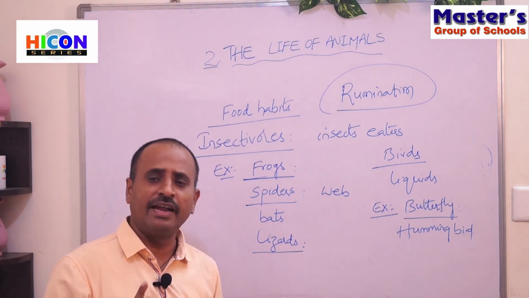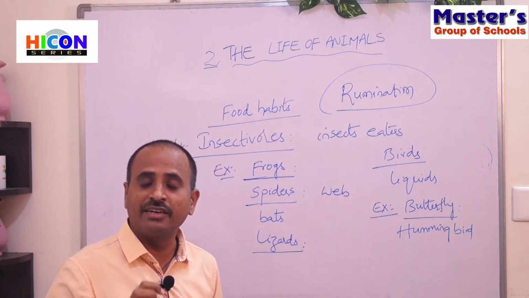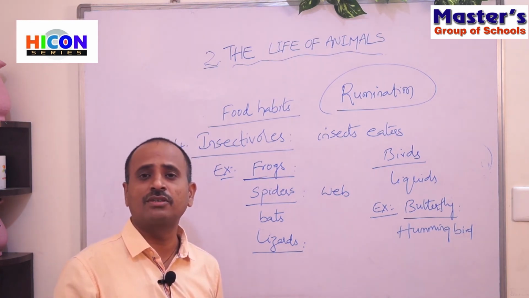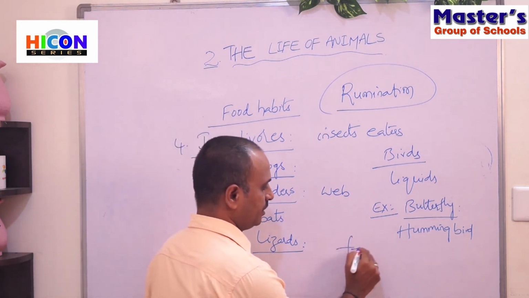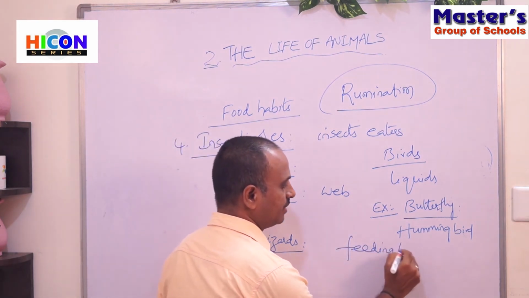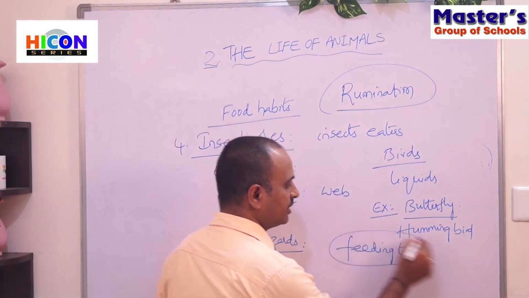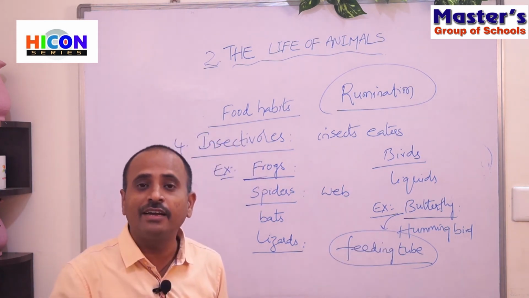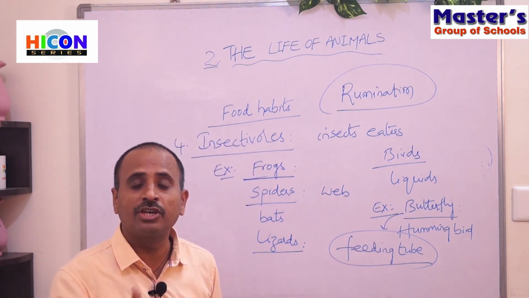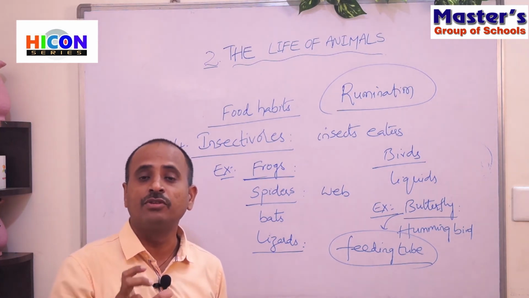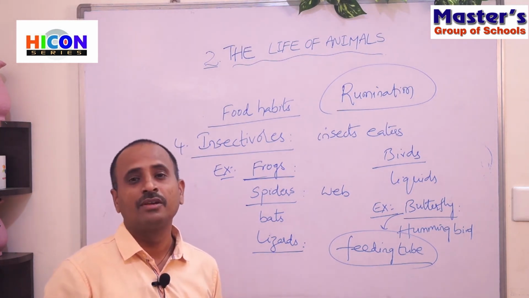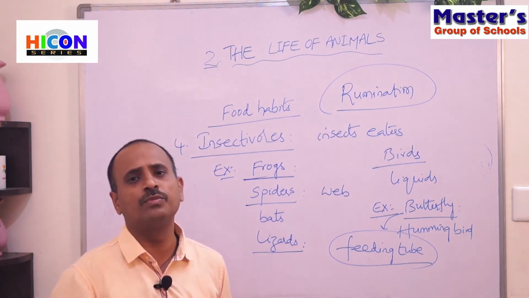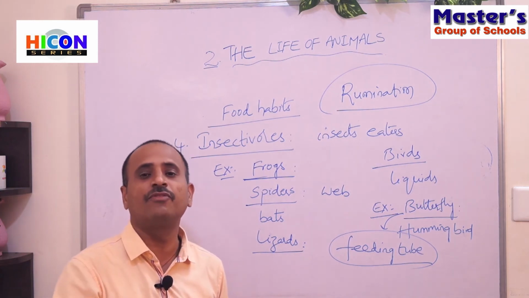Look at the picture, you are observing the proboscis of a butterfly, coiled in the form of a spring. When it lands on a flower, it straightens its feeding tube and sucks the nectar from the flower.